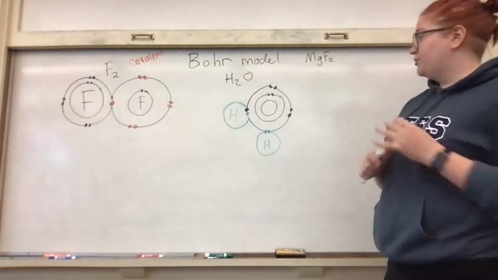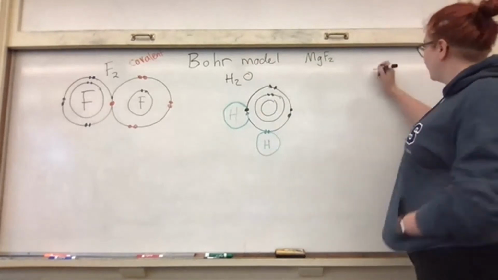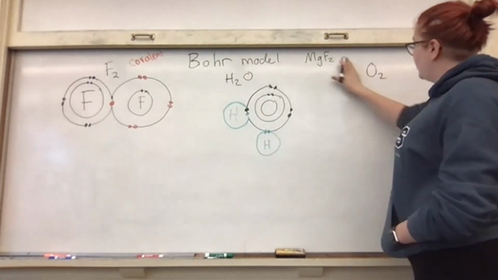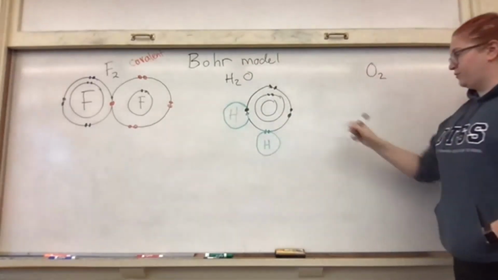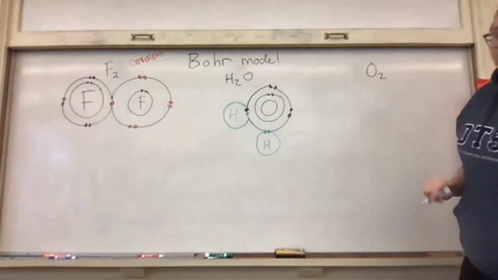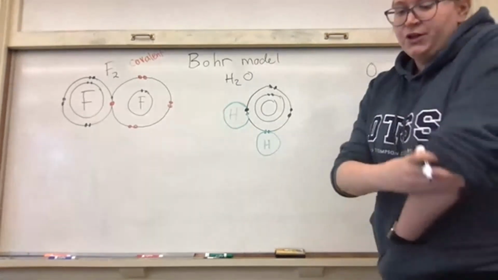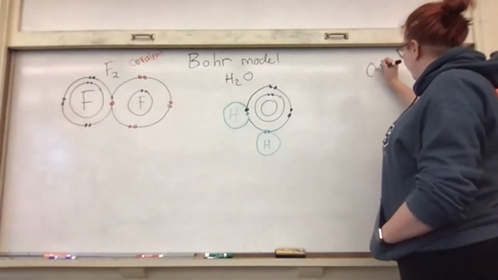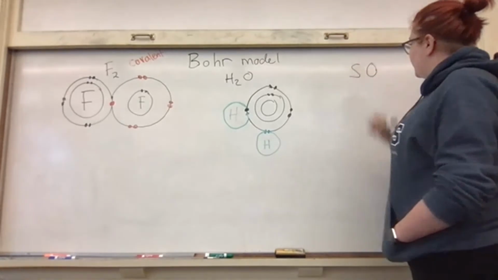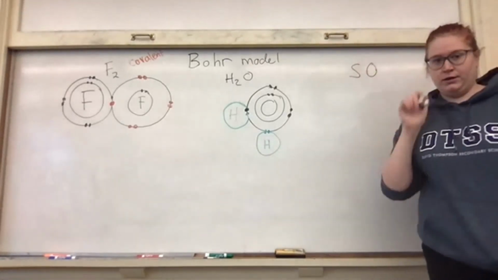It always travels with a friend. So if we were going to draw two oxygens, actually, no, let's draw sulfur oxide so I can show you two. Okay, so sulfur and oxygen.